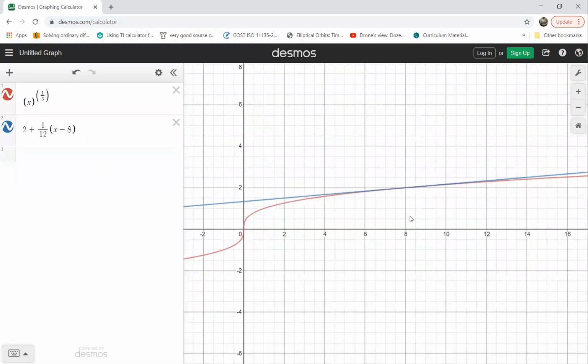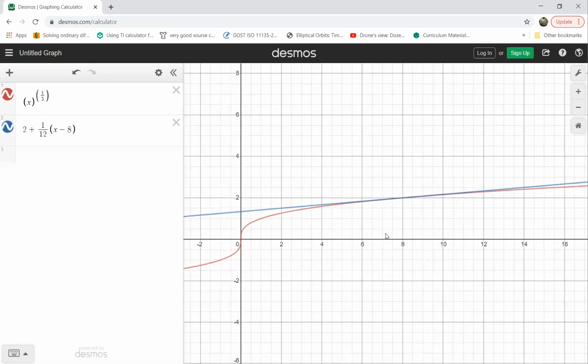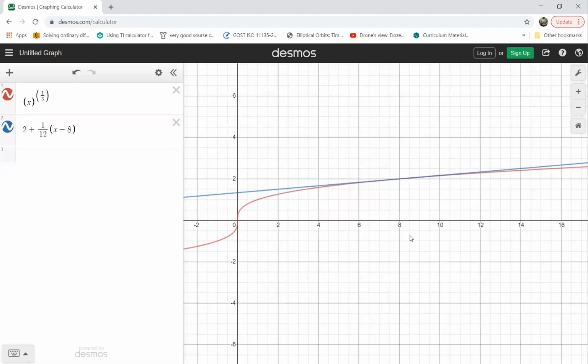So take a look at this. Your center is 8, and at 8, your function is equal to 2. So around this point, on the horizontal axis, you have your interval of convergence around 8. 8 is the center, so we are shifting from 0 to 8.